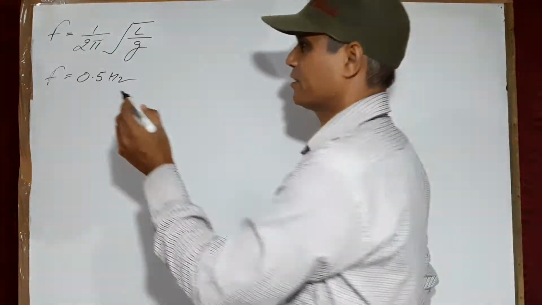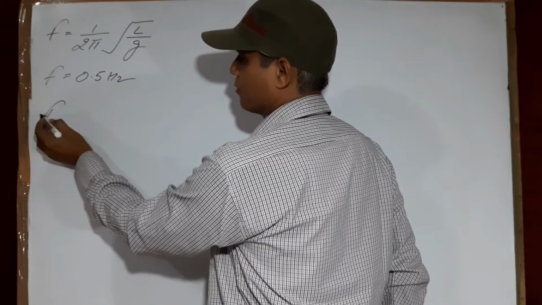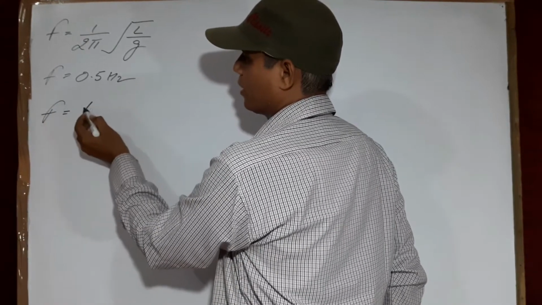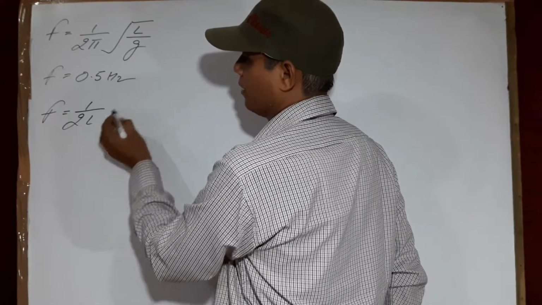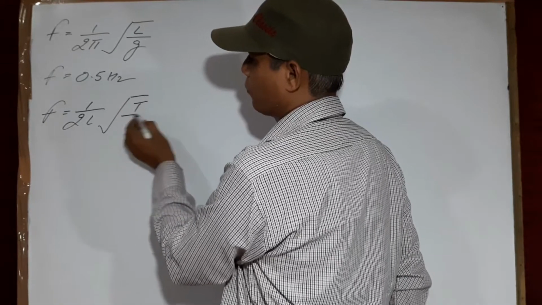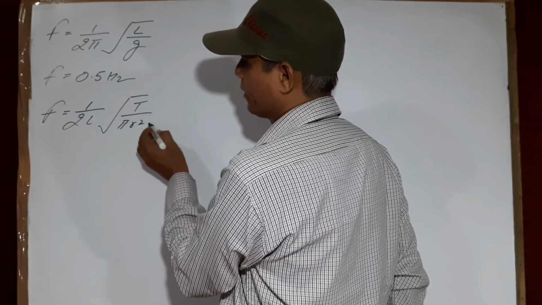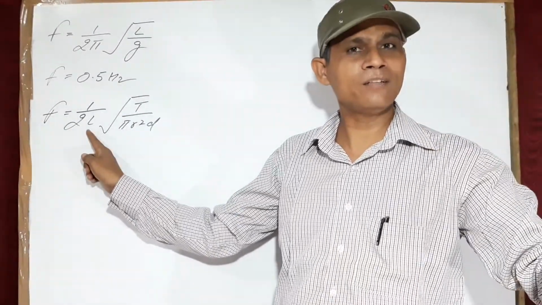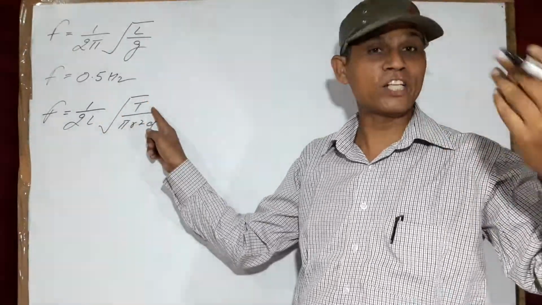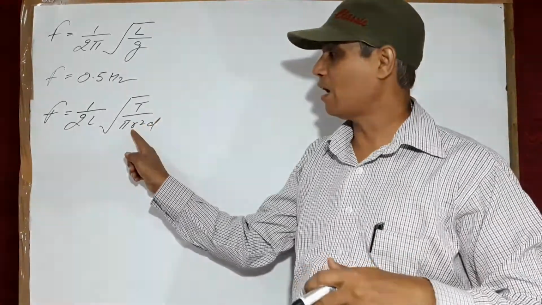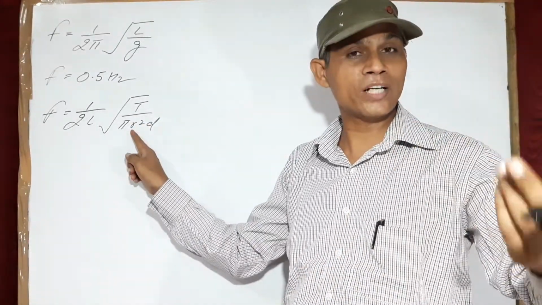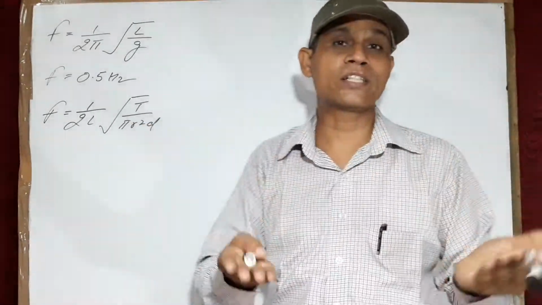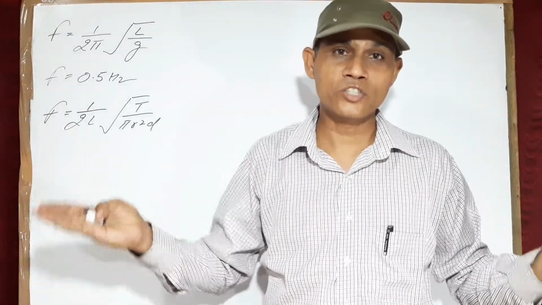What are these factors? The formula is f = 1/(2L) × √(T/(πR²D)), where L is the length of the string, T is the tension in the string, R is the radius of the string, and D is the density of the material of the string.